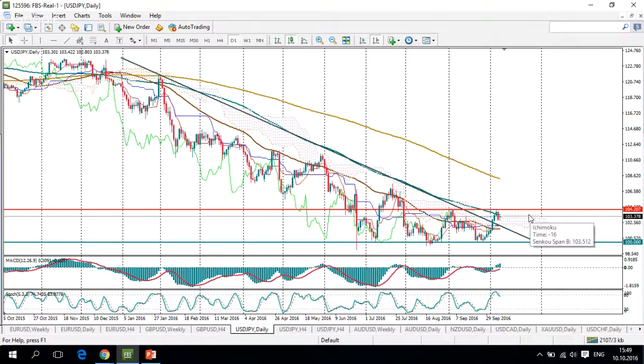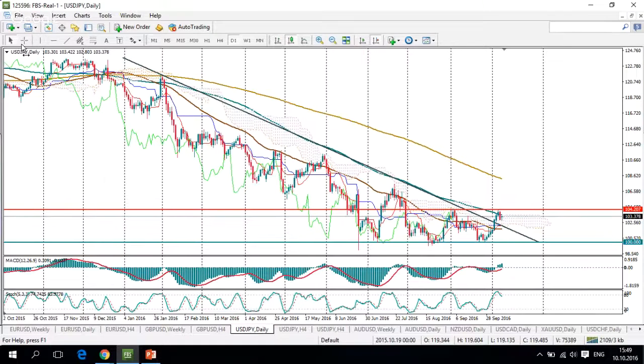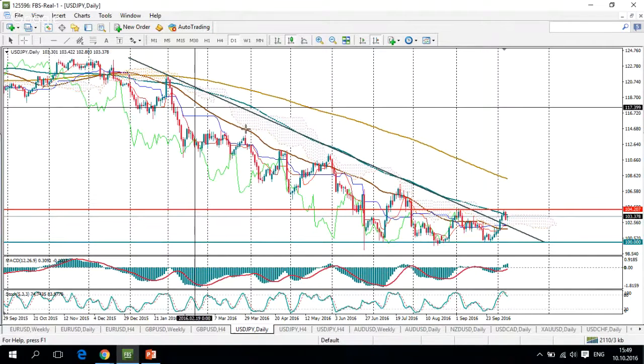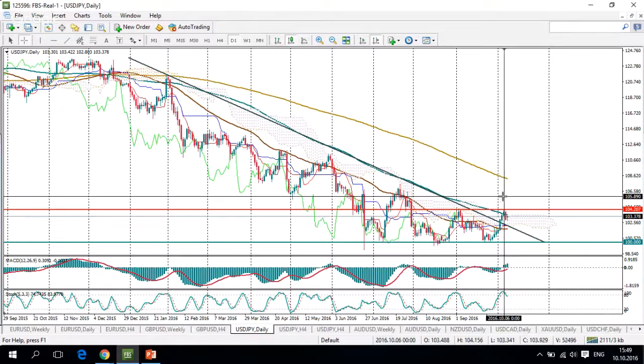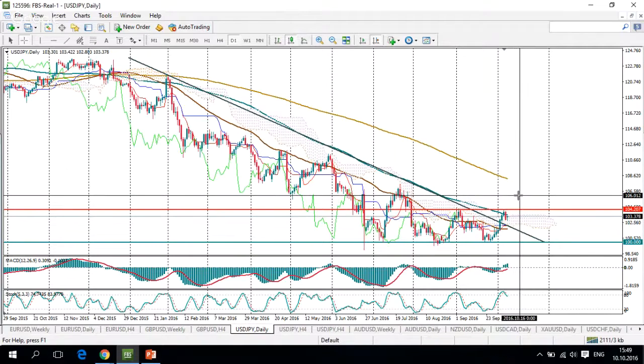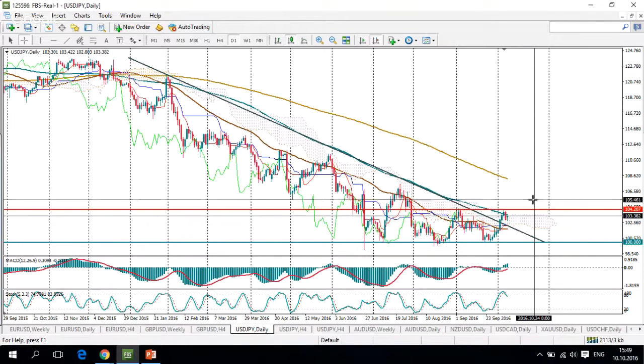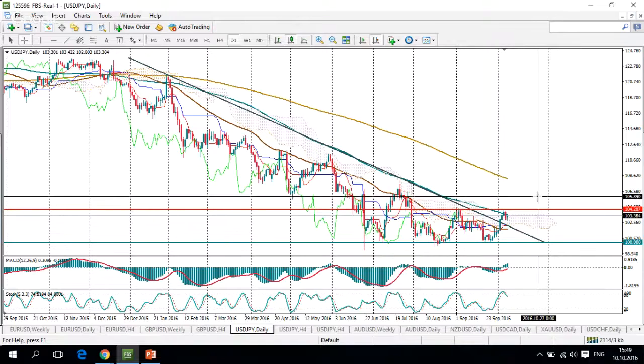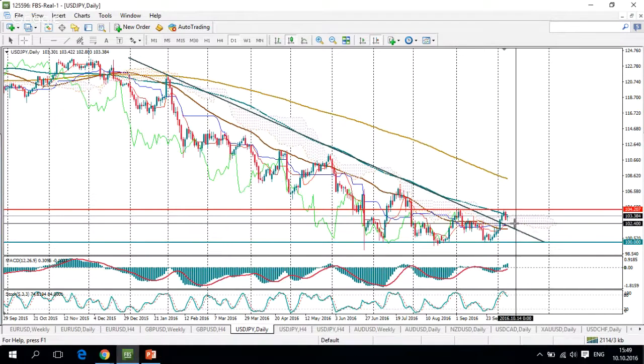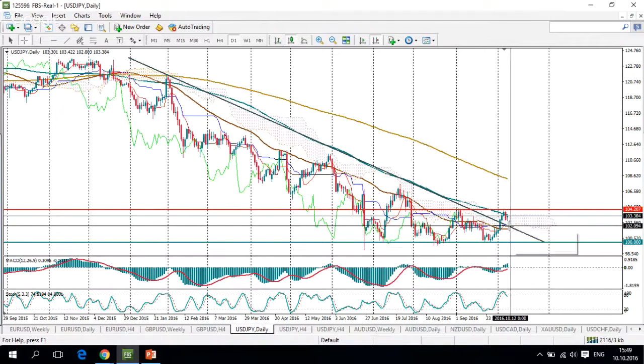Next resistance, as I have already mentioned, is the 104.20 mark. If this level is successfully broken, then we'll look at higher levels around 105, 105.50 and 106.